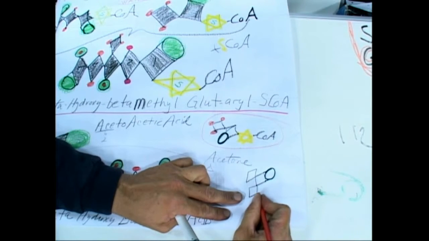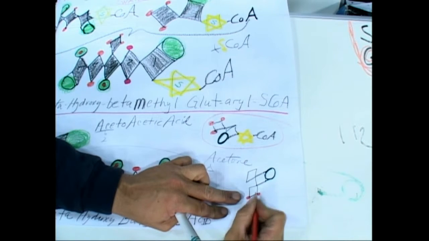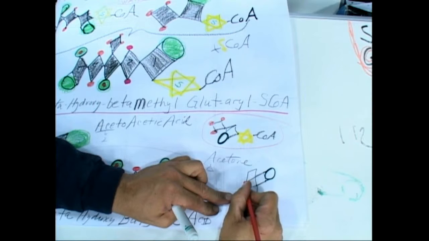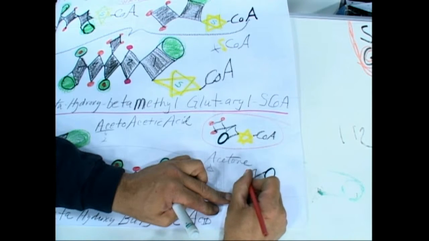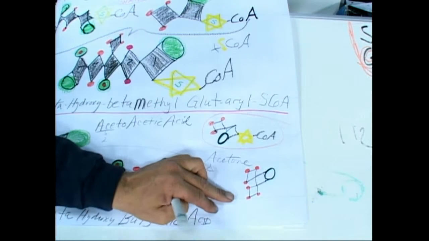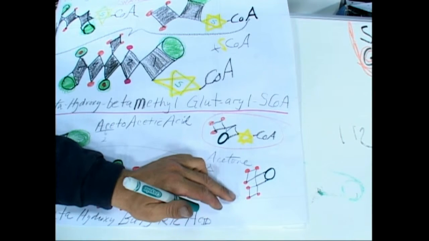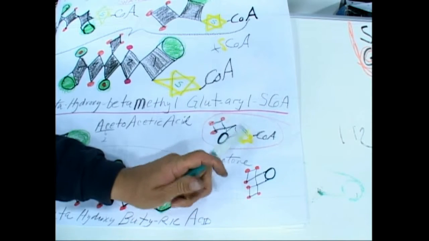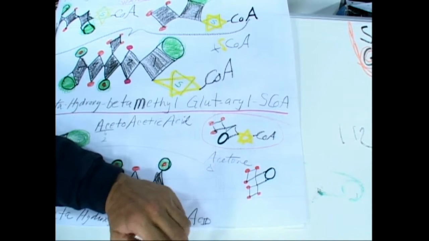There's 1, there's 2. So if the keto that they're talking about is an acetone, whoa, you do not want ketone bodies going through your bloodstream or to your liver or your kidneys or your bladder. Get your nutritional values. Maybe a deficiency in coenzyme A has something to do with that.